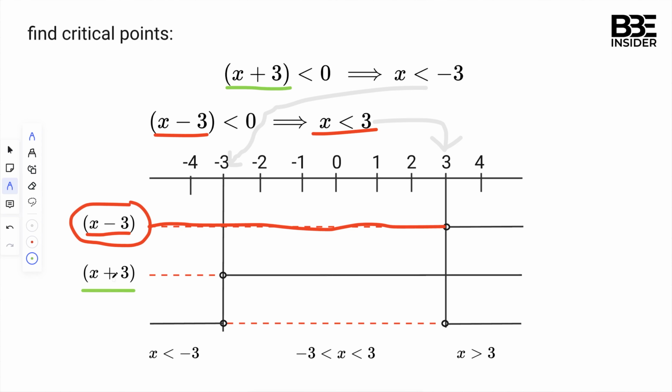Now let's jump to the second term. The term x plus 3, represented on this horizontal line, is negative if x is smaller than -3.